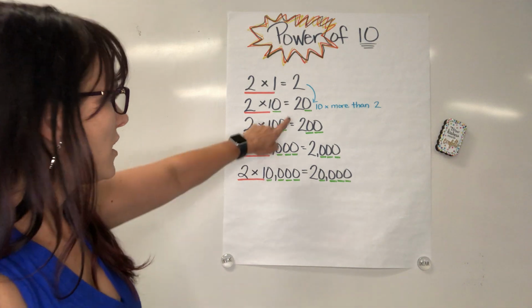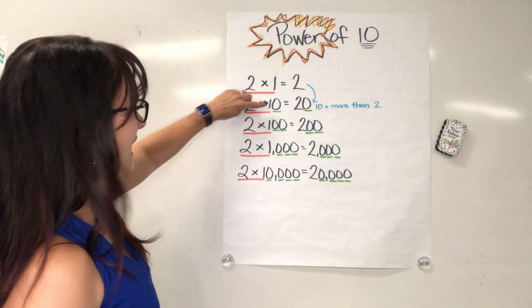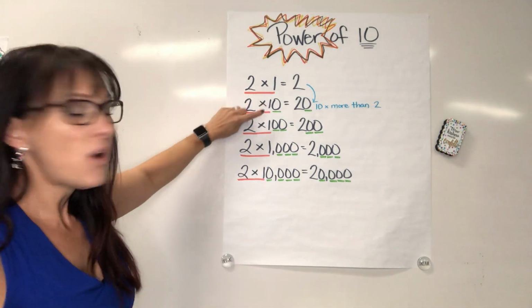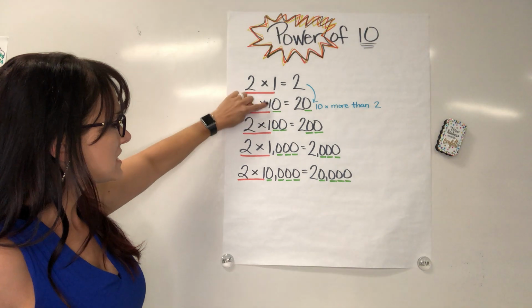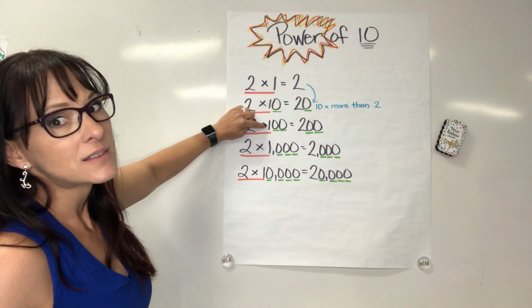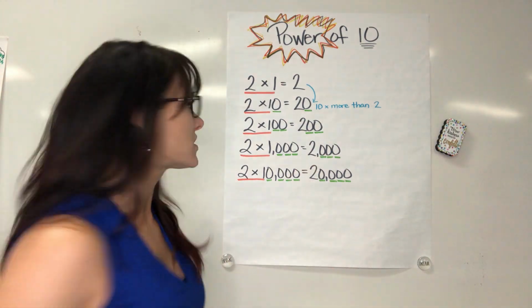Then I want you to think about 20 and 200. 10 and 100. How many 10s are in 100? How many 10s are in 100? Think about that. Count by 10s. Right? It's 10 times more. It takes 10 10s to make 100.